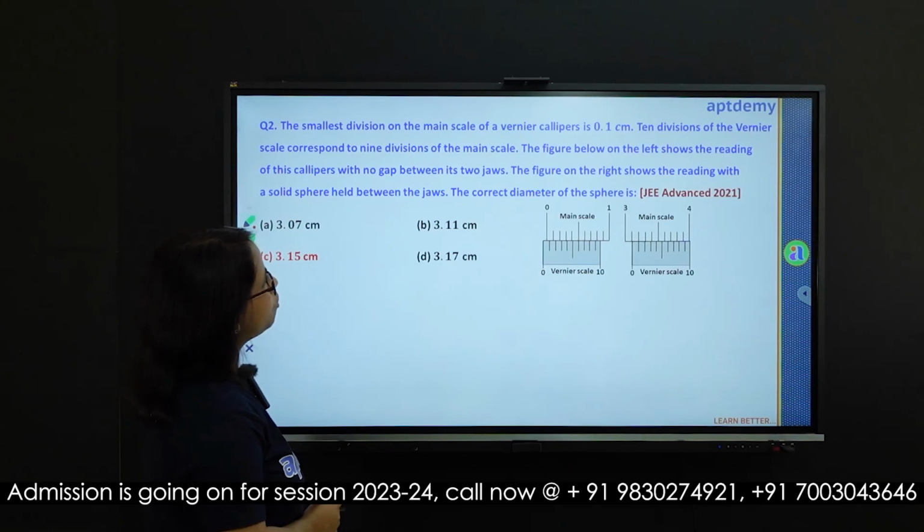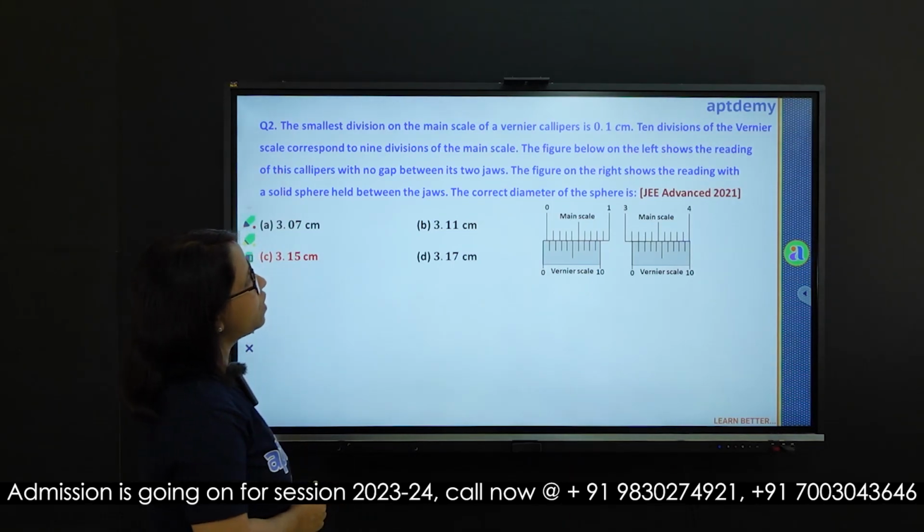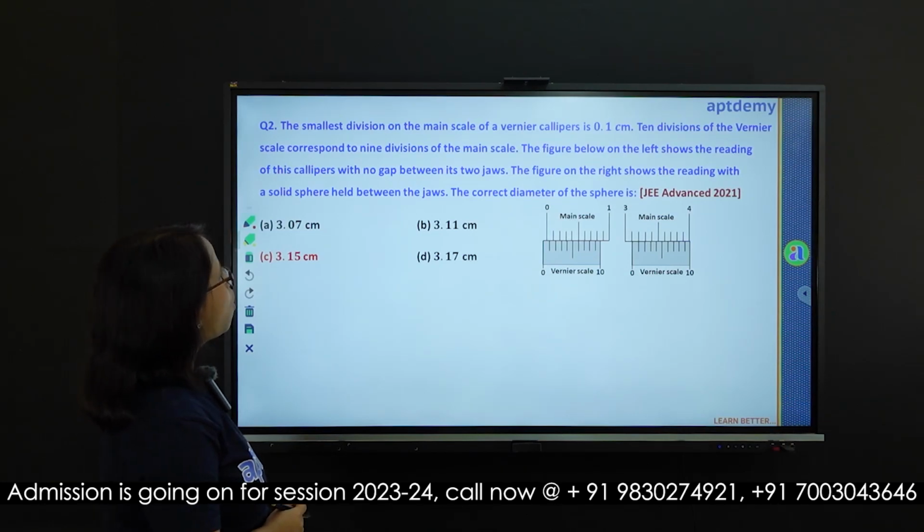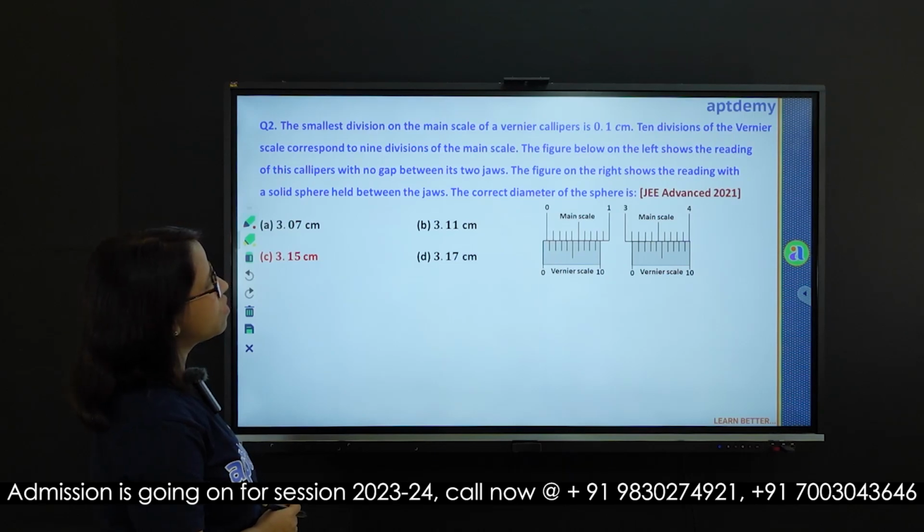The smallest division on the main scale of a vernier calipers is 0.1 centimeters. 10 divisions of the vernier scale correspond to 9 divisions of the main scale. The figure below on the left shows the reading of this calipers with no gap between its two jaws. The figure on the right shows the reading with a solid sphere held between the jaws. The correct diameter of the sphere is.